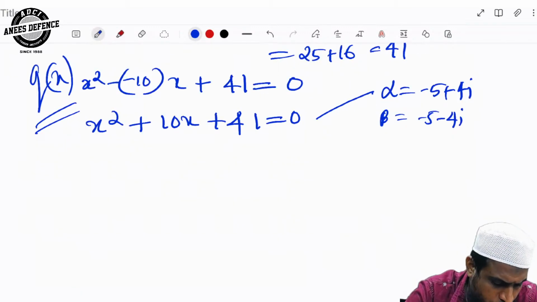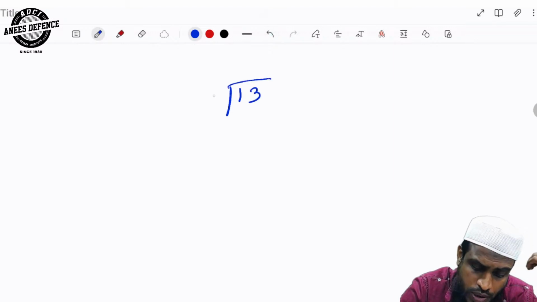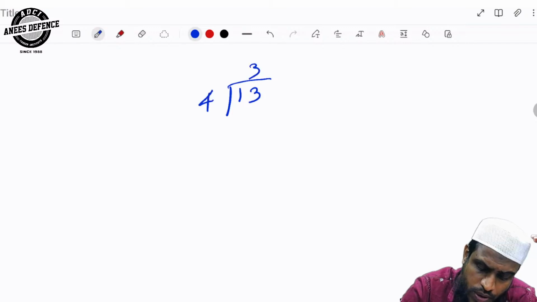We know that, for example, a number 13, if it is divided by 4, you can write 3 into 4, 12, remainder 1.